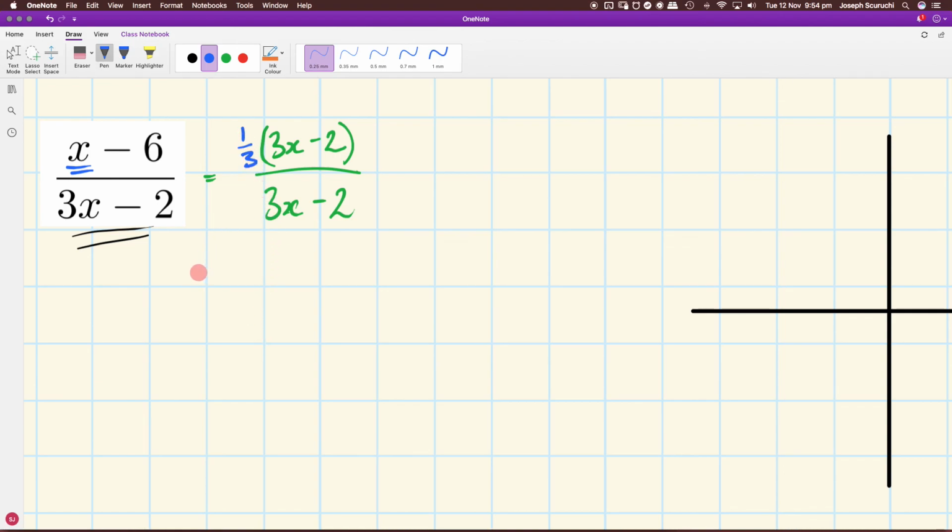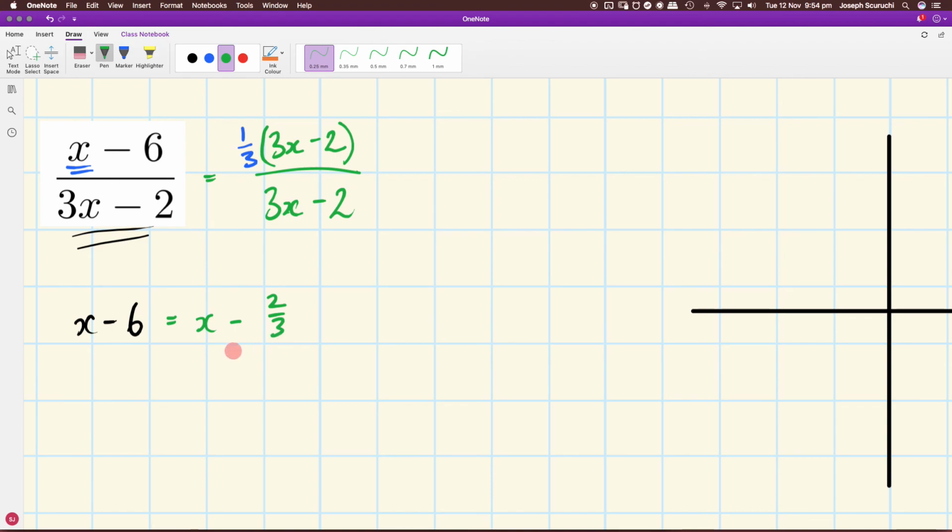And now 1/3 times 3 is x, minus 2 times 1/3, which is 2/3. So let me write this out because I want my numerators to be the same. I'm going to get x minus 6 on this side. And then once I expand out with this 1/3, I'm going to get x minus 2/3.